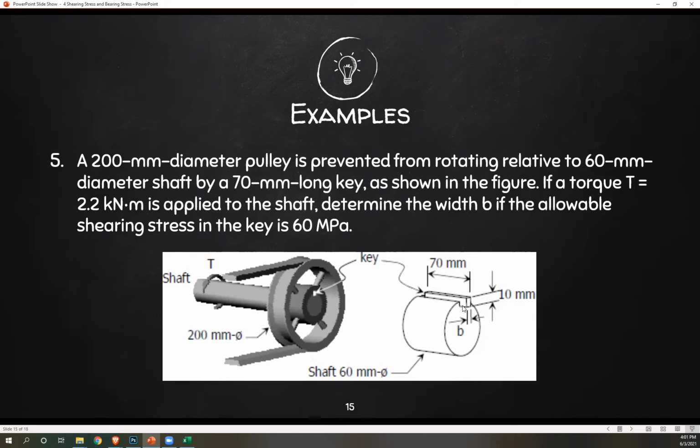So now we need to know what is the allowable width of this key so that it won't break or exceed its shearing stress. We need to figure out the dimensions to fulfill the requirement that we're not exceeding this shearing stress of 60 and we're carrying this 2.2 kilonewton meter torque.